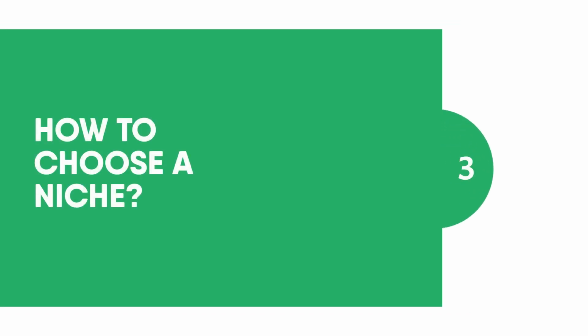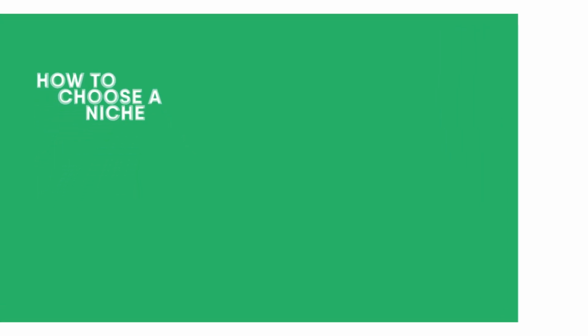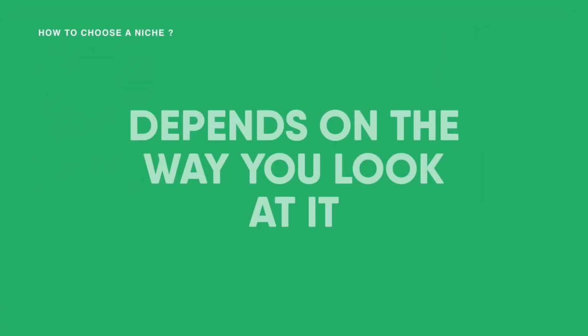Let's get down to the third point, and that is how to choose a niche. It totally depends on how you look at it, because a niche can be anything. It can be a passion, a hobby, or even something you just started to get interested in.